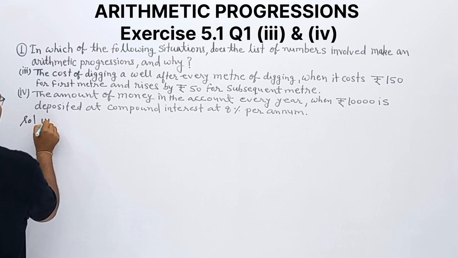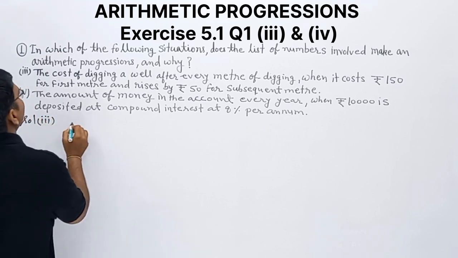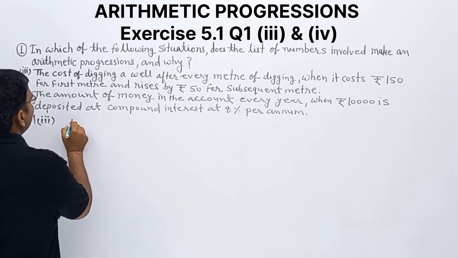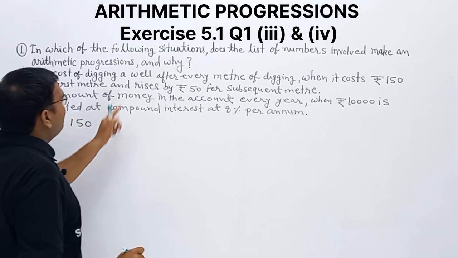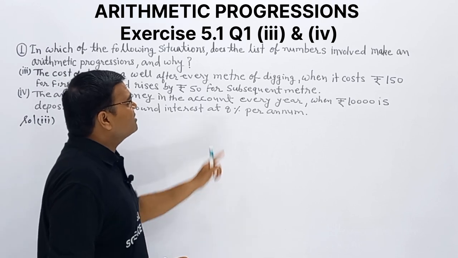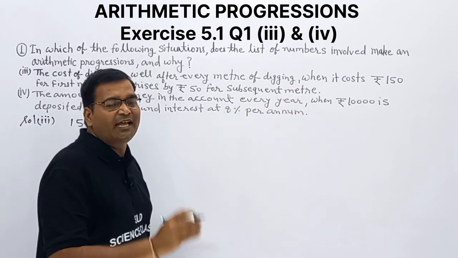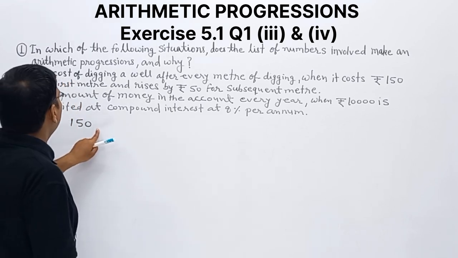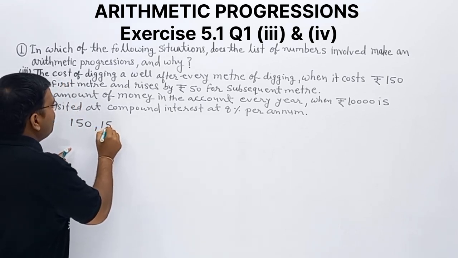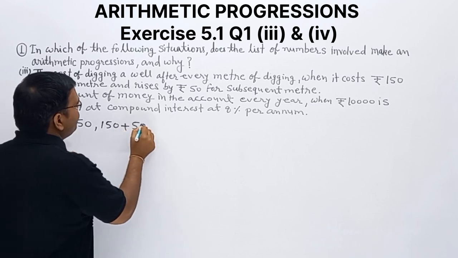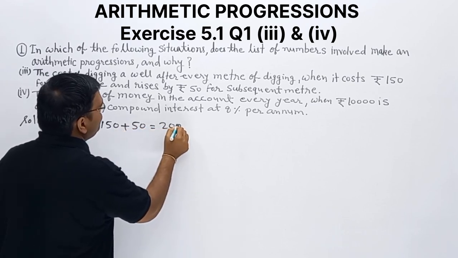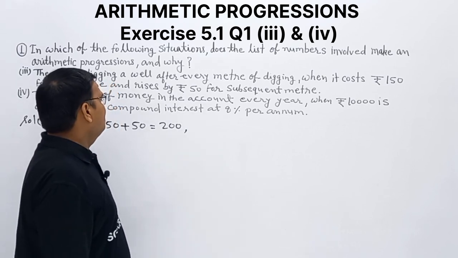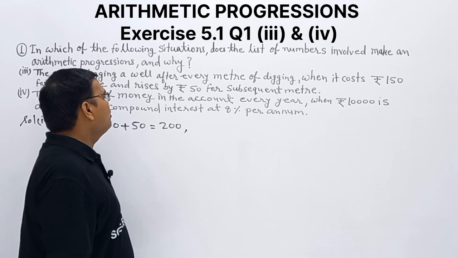Solution of the third one. For the first meter of digging, cost is 150, and it rises by rupees 50 for each subsequent meter. For digging 2 meters, what will be the cost? 150 plus 50, add both, 200 rupees.